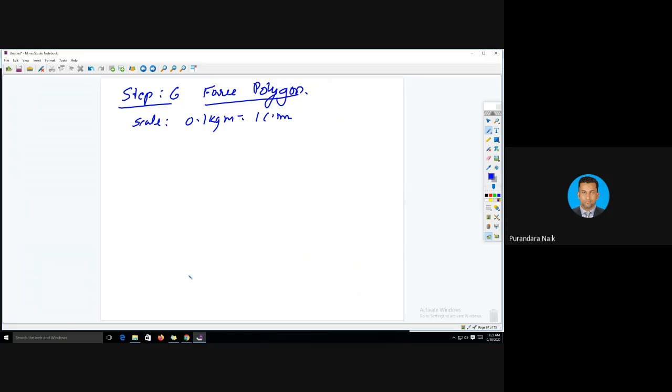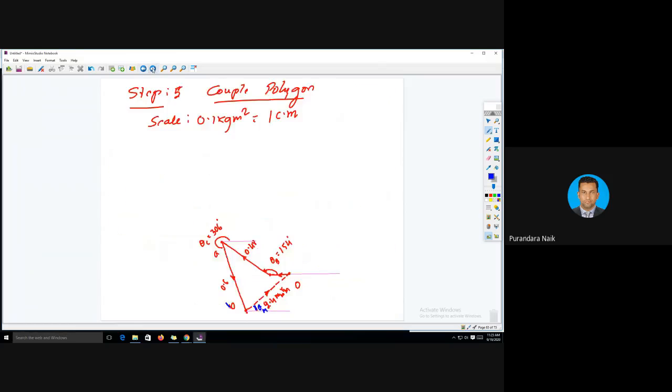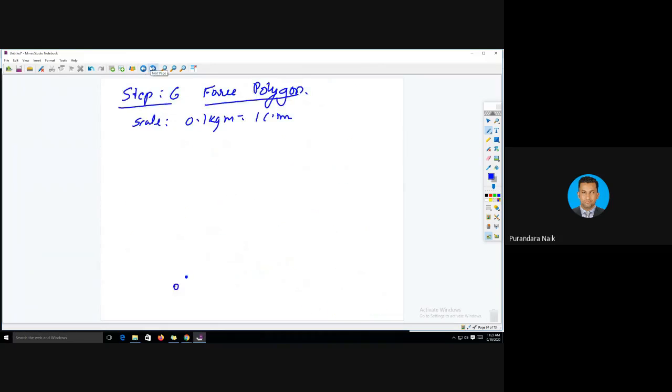The first starting point is the starting point O. The length is 0.237, so 2.37 will come, at 0 degree. So this is the first one.